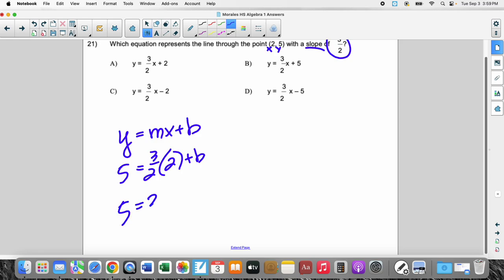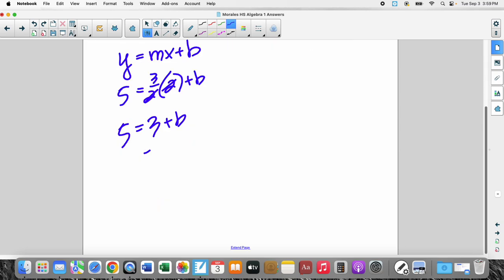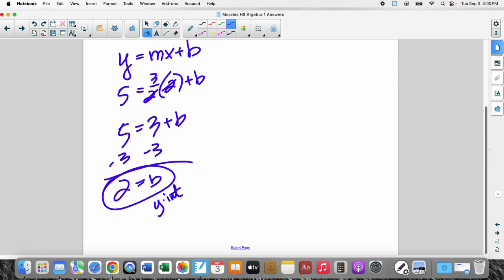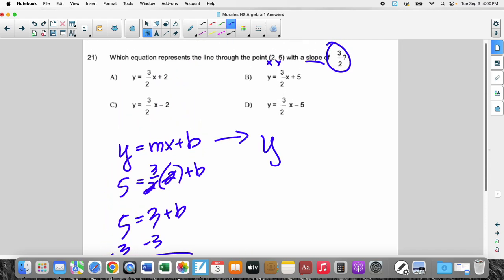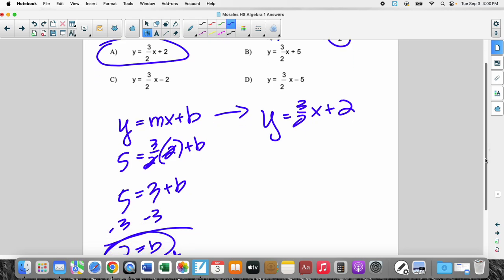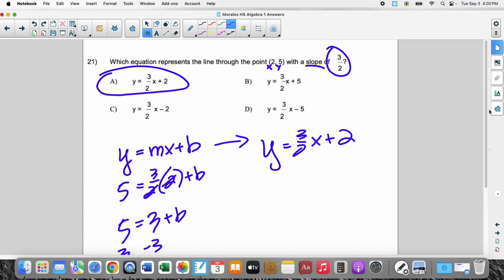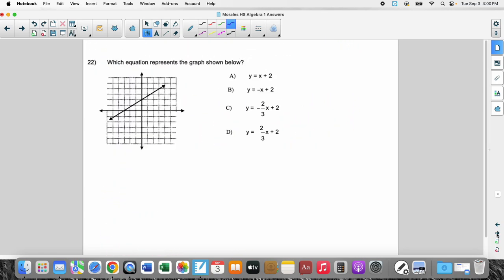So we get 5 equals 3 plus b, because the 2's cancel. Minus 3, 2 equals b. So now I know that my y-intercept is 2. So that equation now becomes y equals 3/2 x plus 2. So which one of those is A? Yep, A. Good, good.